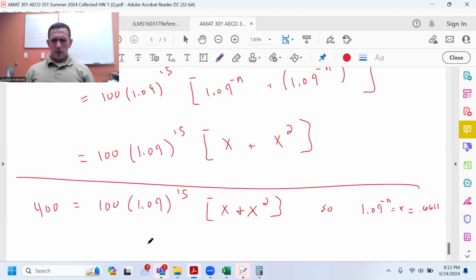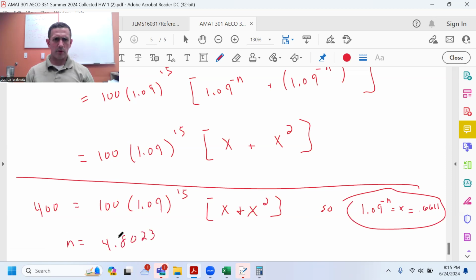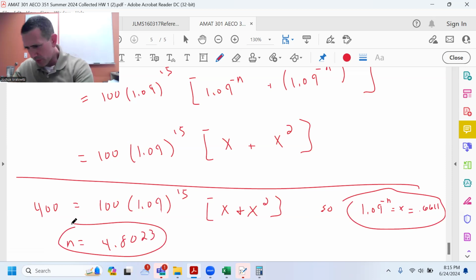Okay, so solve for n. So take this here, solve for n. n is 4.8023. So hopefully that was useful. And yeah, I'll do this for each one. All right, so long, take care, bye-bye.